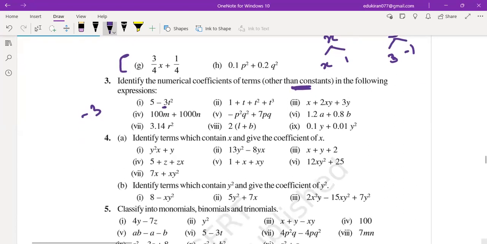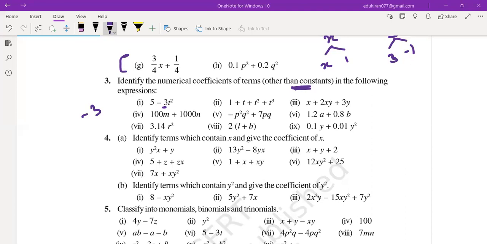Now coming to the next one. You will tell me next one. Who will tell me? Ma'am, the terms are 100m and 1000n. The coefficients are 100 and 1000. Good. Next one. Tell me.